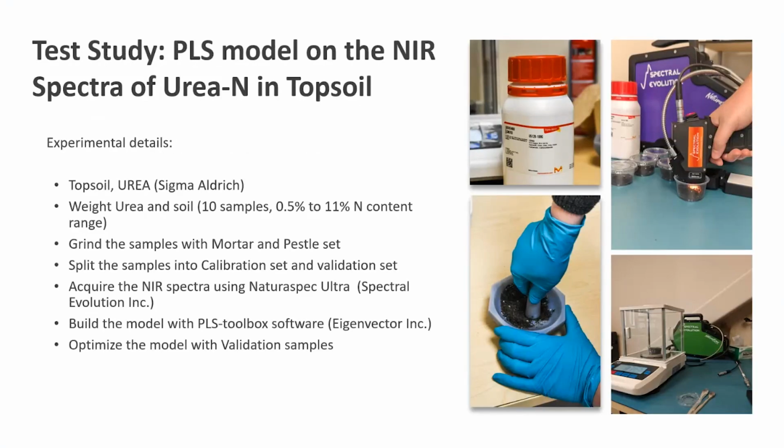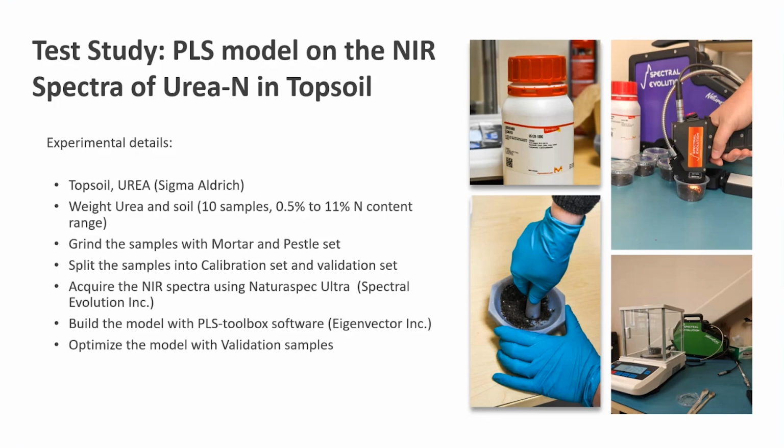So our experimental procedure was to weigh out urea and soil, and we estimated a 0.5 to 11% nitrogen content range. It's also important that if you're building a model, you want to run training samples that cover the range of your estimated nitrogen percent.